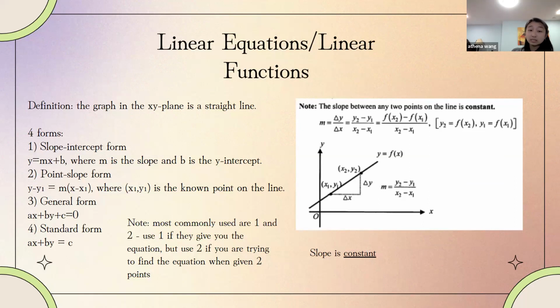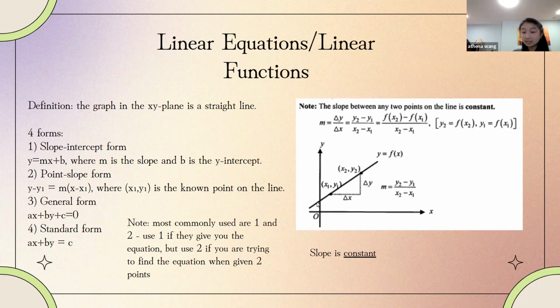Number 1 is slope-intercept form. This is y = mx + b, where m is the slope and b is the y-intercept. If you have a line like this one, m is the slope, which means it is the rise over the run. The slope between any 2 points on the line is constant.